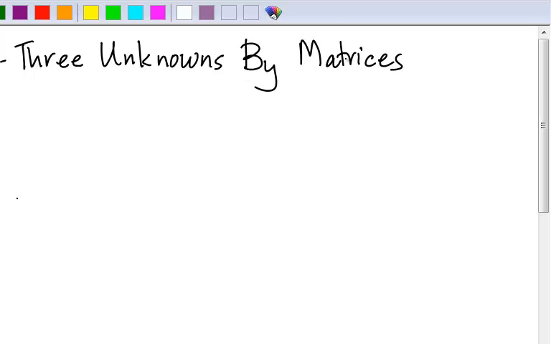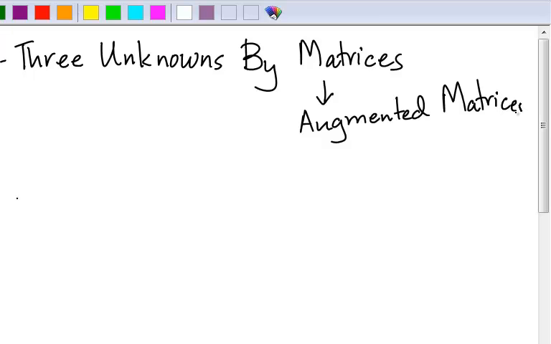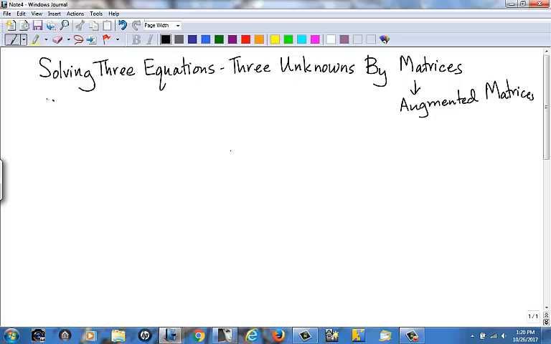Some authors will call it augmented matrices. And solving the 3 equations, 3 unknowns, I'm going to go through an example, and all they will say in the directions is just solve by matrices.